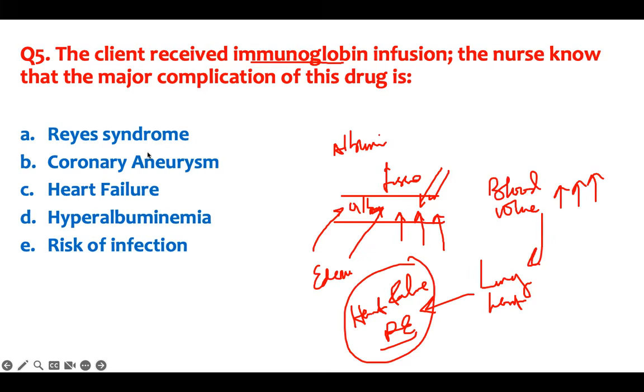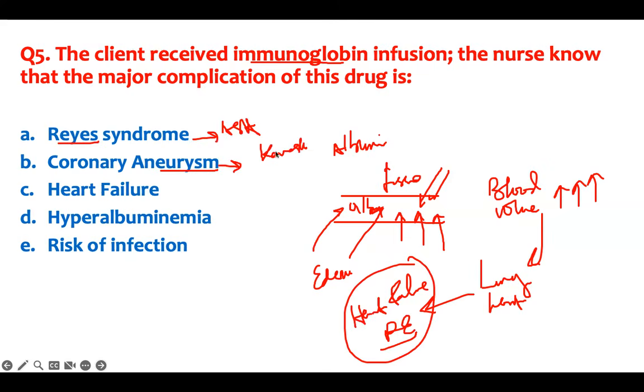So what is the complication? Reye syndrome is for the aspirin. So don't be fooled by that. Coronary aneurysm. I intentionally did that. This is the problem with Kawasaki, not the immunoglobulin. You have to answer the question being asked and expect them trapping you with that.